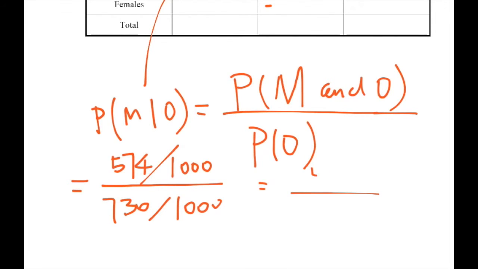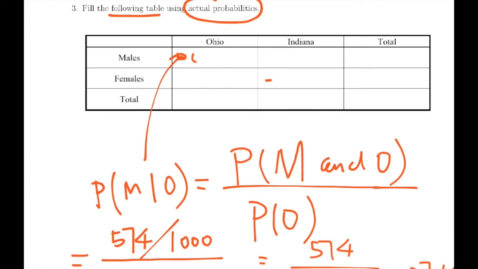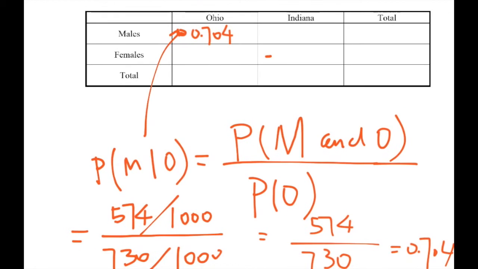If we simplify it, it is 574 divided by 730, and its actual value is 0.7704. So we're going to fill in this box with 0.704. Okay? And this is how you find the first box.